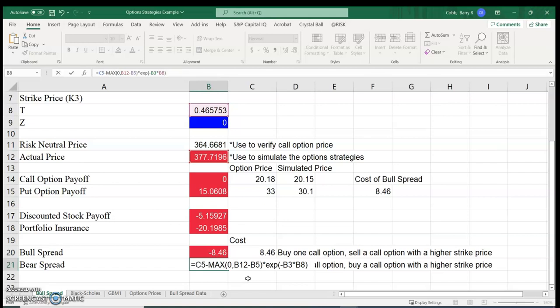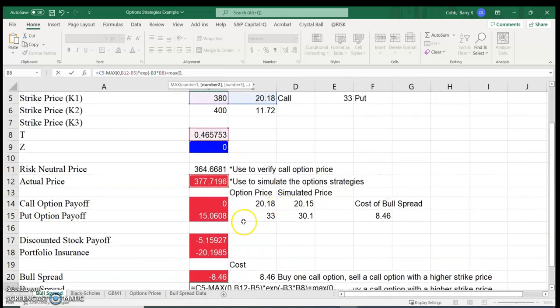Now, in the second case, we're going to buy the call option with the higher strike price. When we buy the call option, we receive the payoff. So the payoff for the call option would be the stock price minus the strike price. In this case, we're purchasing the higher strike price option, and then we discount that.